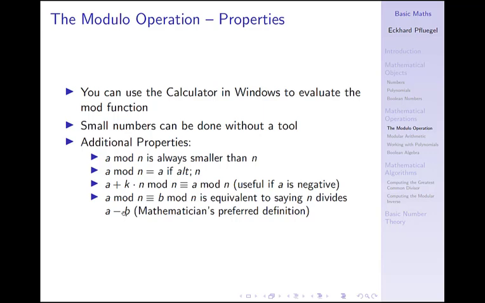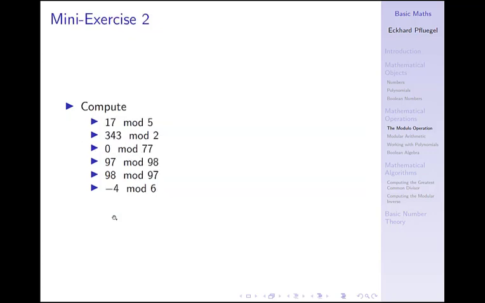Although it looks kind of obscure at first glance, this is actually the preferred definition, at least for a mathematician, of the modular operator, and it makes it much easier to prove statements about the modulo operator, but perhaps less straightforward for someone who is just learning about it. But I did want to put it down here because it might be used in proofs, for example.